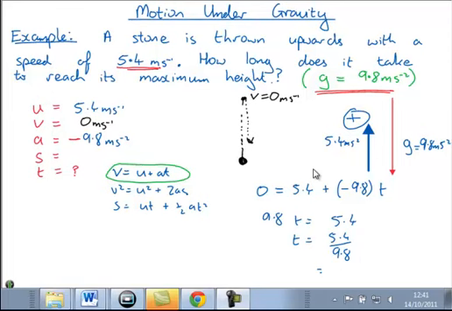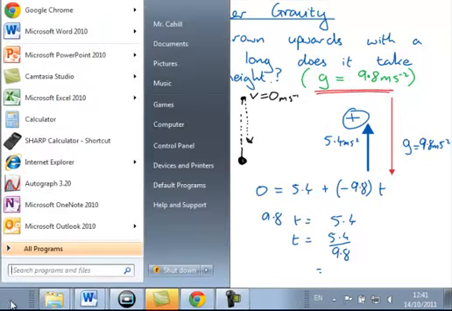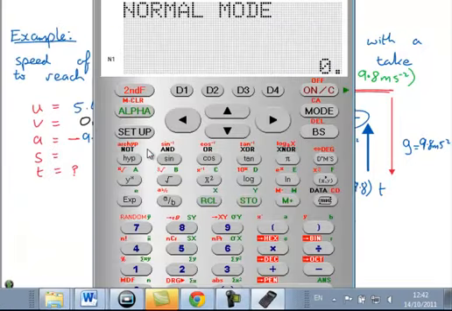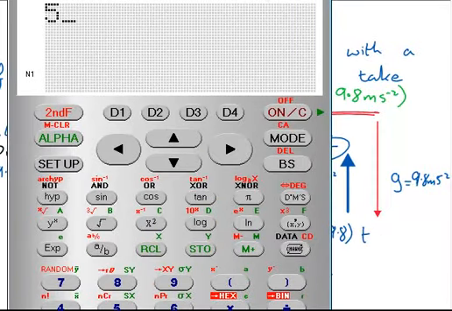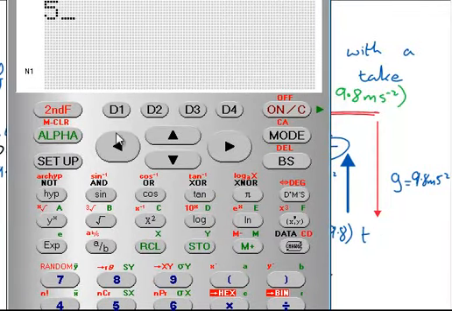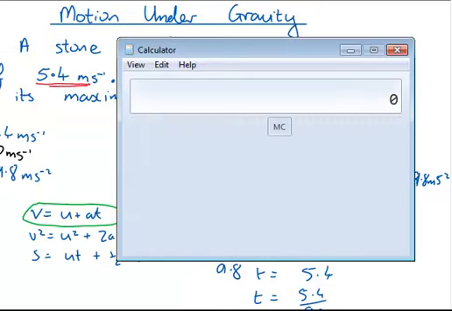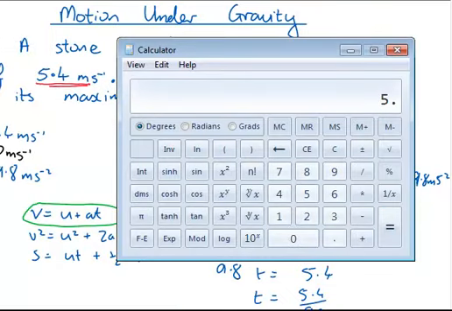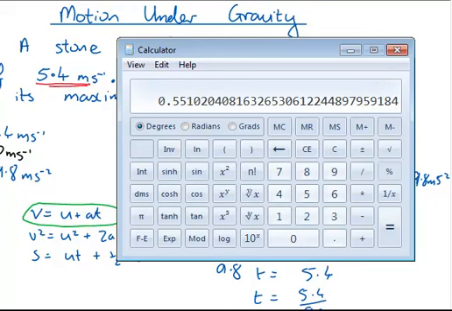Let's use the calculator there quickly. 5.4 divided by 9.8, and we get 0.55 of a second.